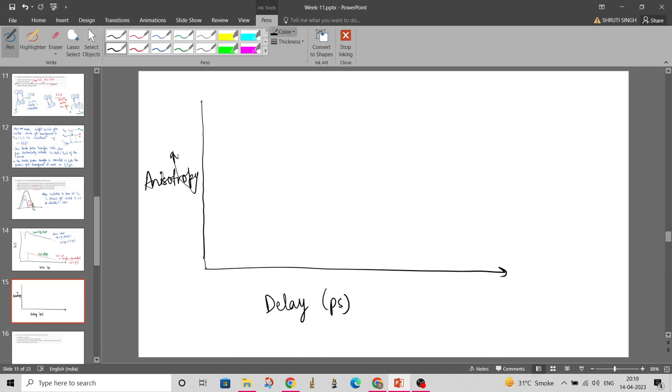For the red edge, it was like this at 313 nanometer, that is the red edge, which is single exponential. And this is again a semi-log plot. And for the blue edge, the longer time scales are same, but there is a difference in the shorter time scale.